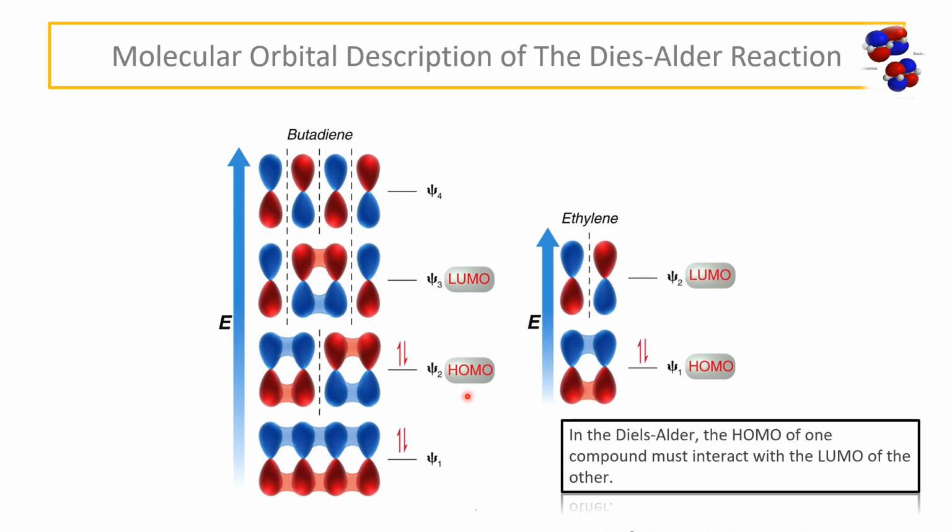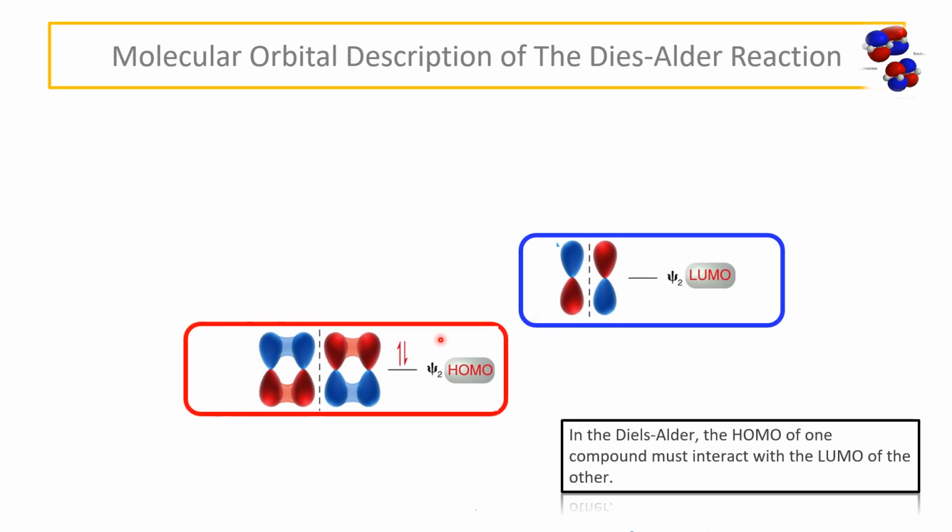You can see that it is an asymmetric molecular orbital, blue-red, red-blue. And the LUMO of the dienophile ethene is also asymmetrical and empty, of course, because it is the LUMO. It's also blue-red, red-blue, so it's also asymmetric. So we have two asymmetric molecular orbitals. And then the click happens.